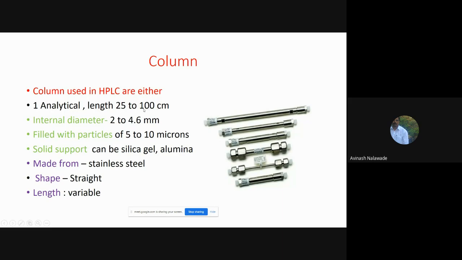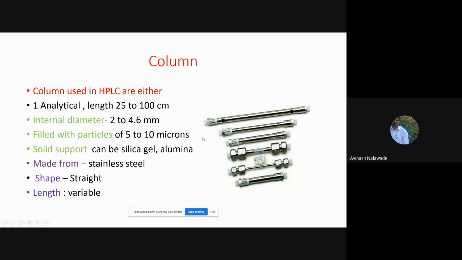In some cases, the length may be 30 centimeters, 40 centimeters or 50 centimeters. Internal diameter is about 2 to 4.6 mm, and this column is filled with particles of 5 to 10 microns. And the solid support inside the column, what is that? That may be silica gel or alumina.